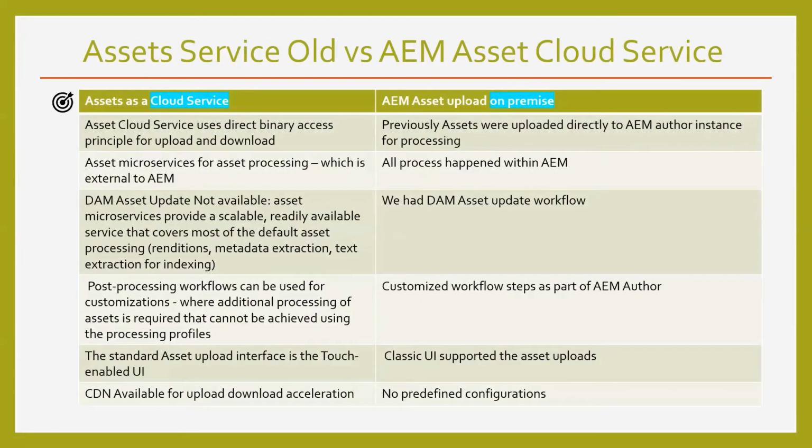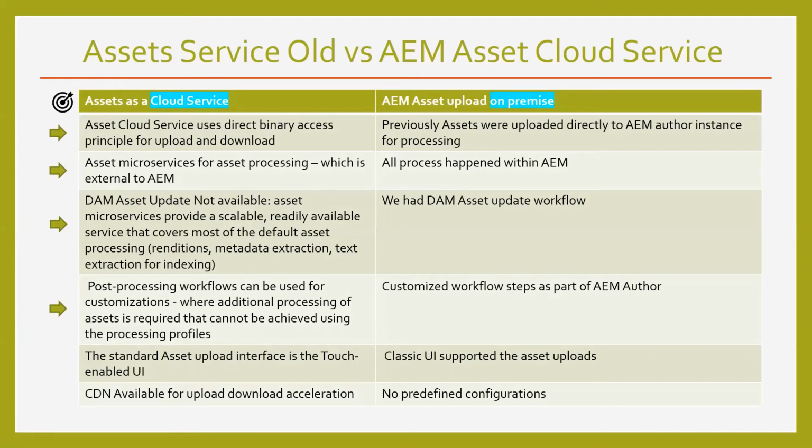Let us see the old versus new capabilities. Cloud uses direct binary access principle for upload and download, whereas previously assets were directly uploaded to AEM author instances. In cloud service, we have asset microservices for asset processing, which is external to AEM. But in the previous case, all processing happened within AEM itself. The workflow DAM Asset Update is not available now. We had it in our previous version.